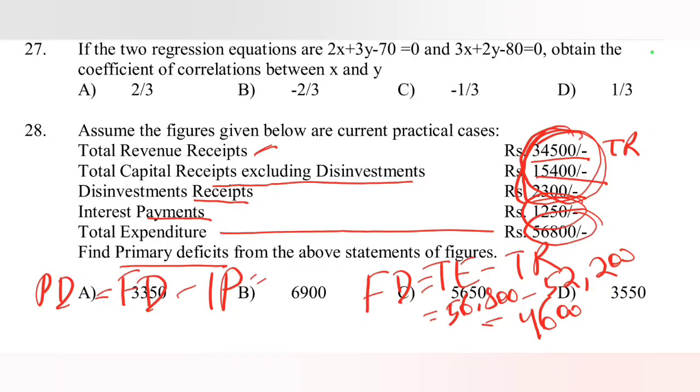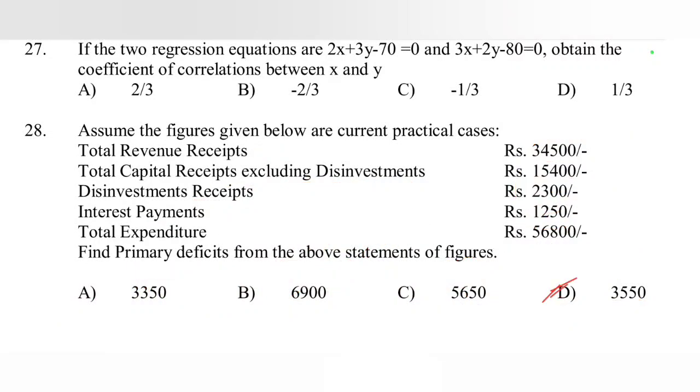So 4,600 minus 1250 is equal to 3,350. So here the right option is 3,350, option number D. Option number D is right here.